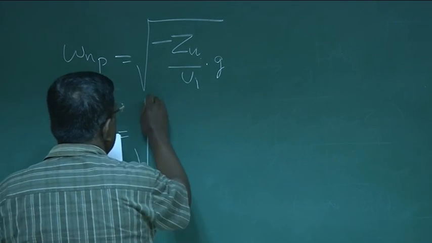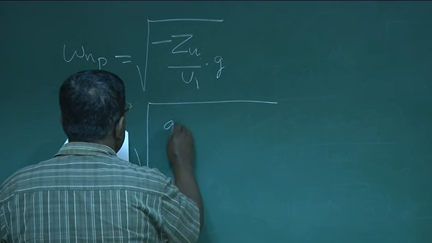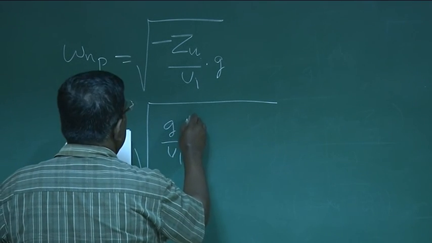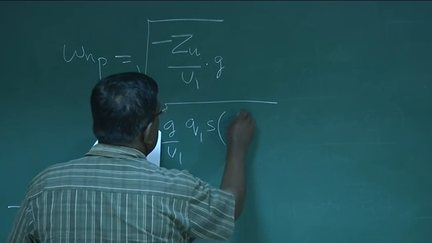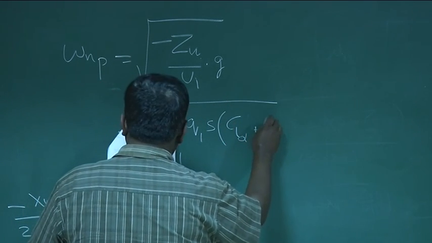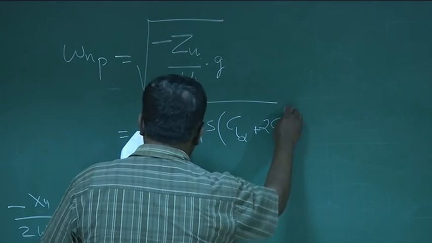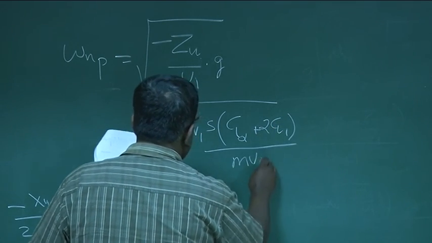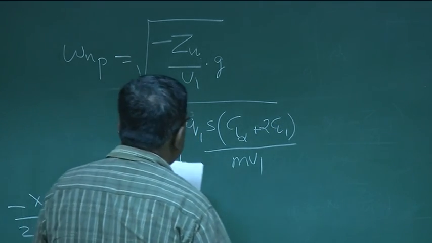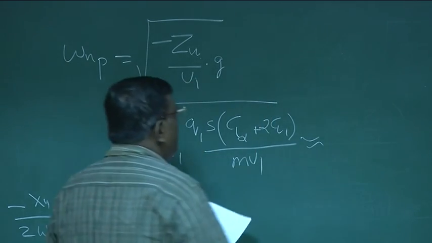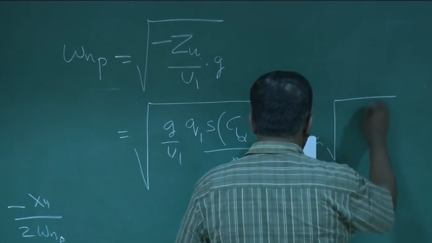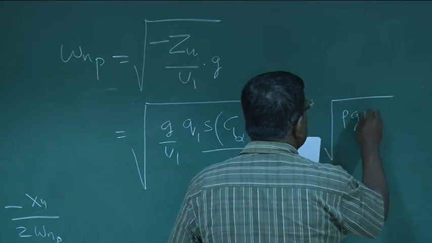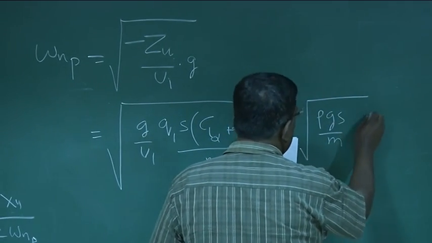This is G by U1, which is already there, into Q1 S into CL alpha plus 2 CL1 by M U1, which I can approximate to the square root of rho G S by M into CL1.